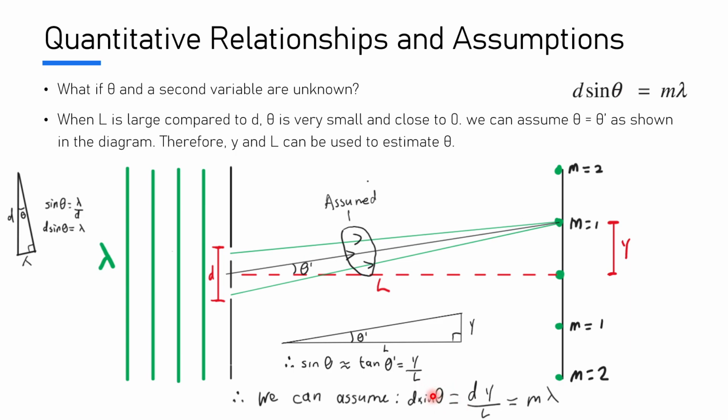What that means is we remove the theta variable, something that we can't very easily measure, and instead estimate what that would be by inserting y on L into our equation. And from there, we can measure d, we can measure y, we can measure L, we can know the m value, and therefore calculate for lambda.